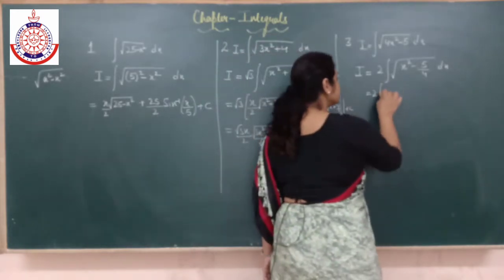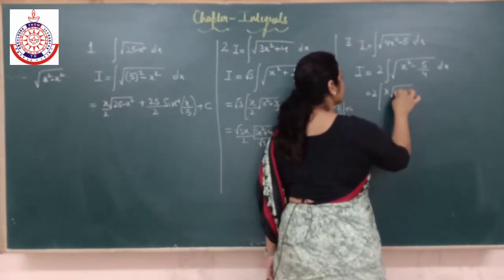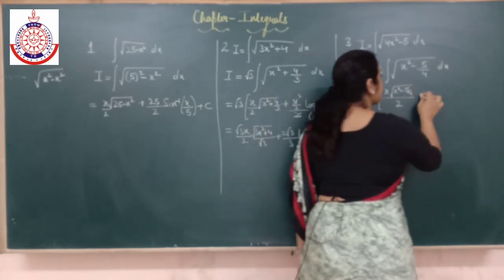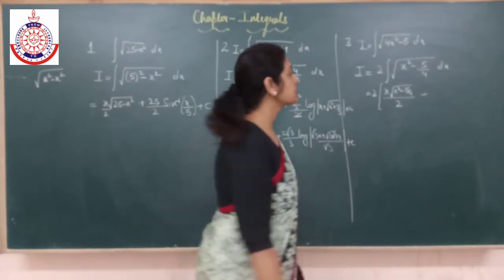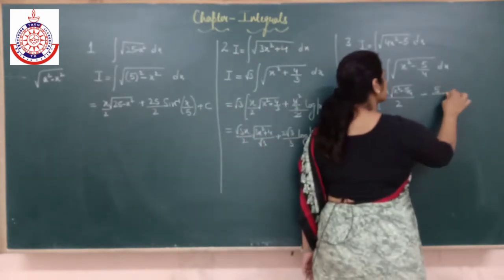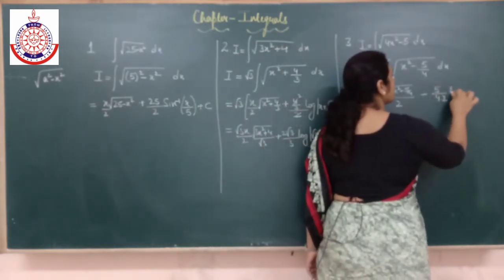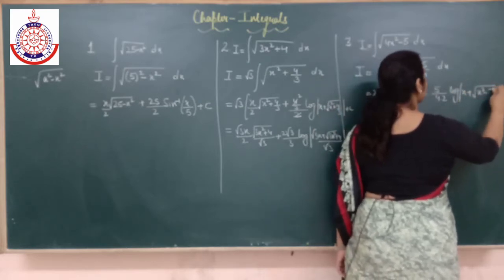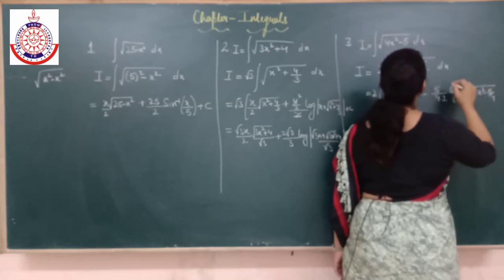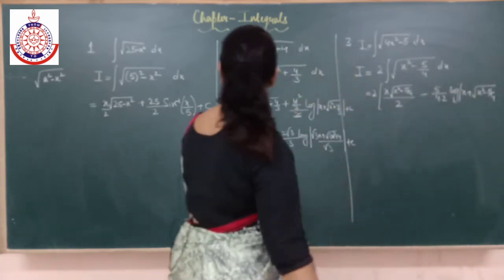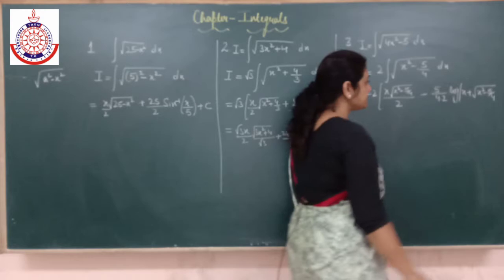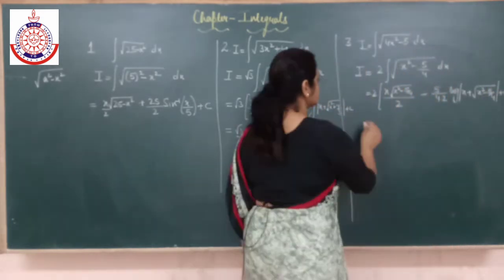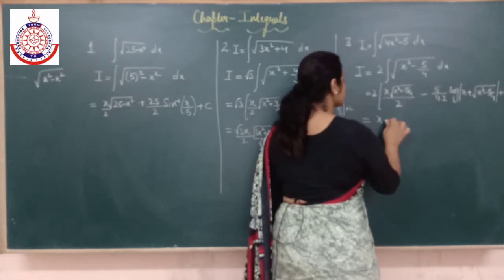So apply x into under root x square minus a square by 2, minus, here it is minus, a square by 2 log of x plus under root x square minus a square, plus c. That's it.